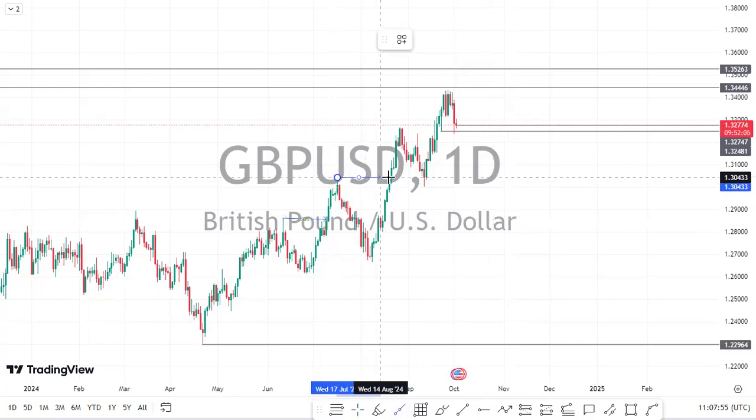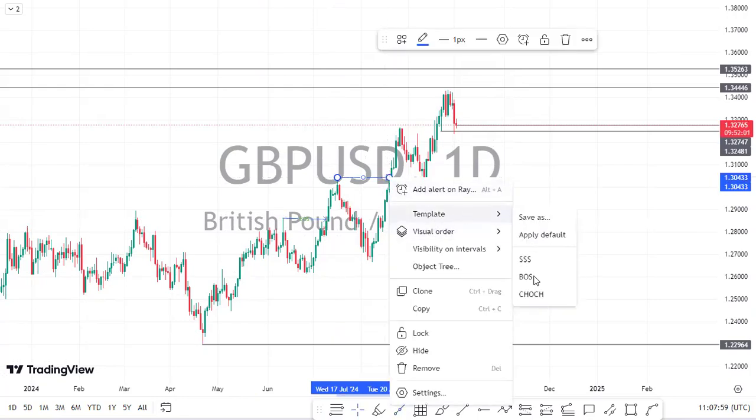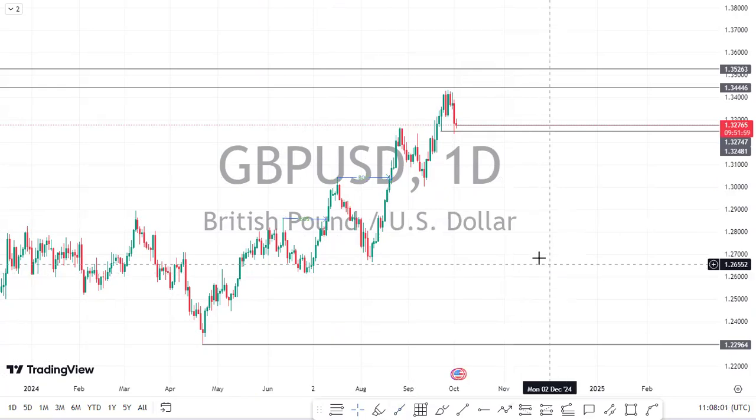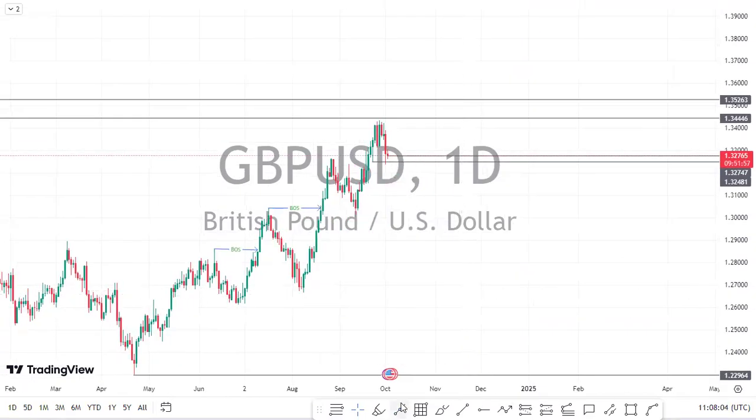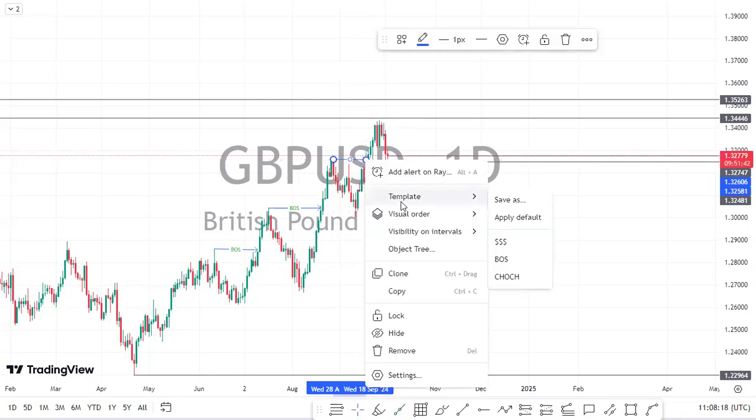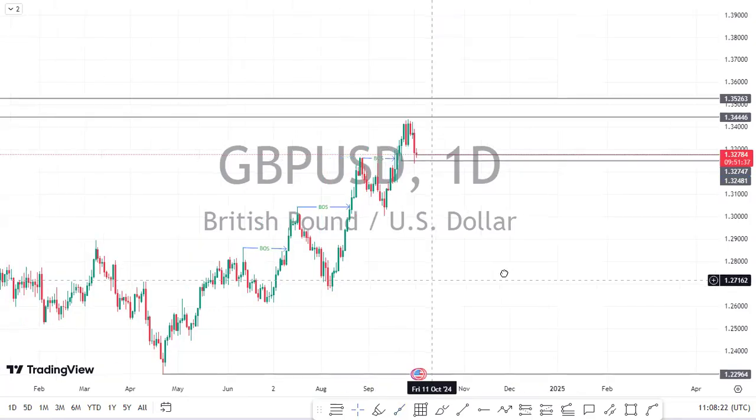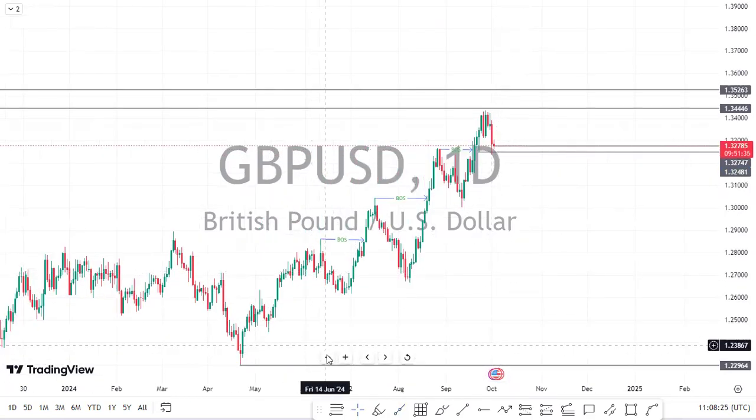So we have this break of structure here, this is the last break of structure we have on the daily time frame. The daily time frame is clearly showing us that we are bullish.